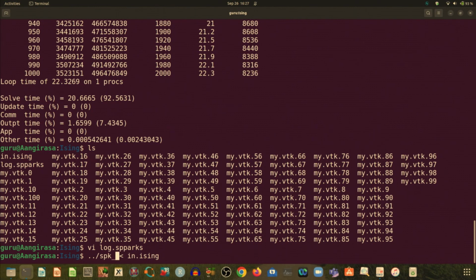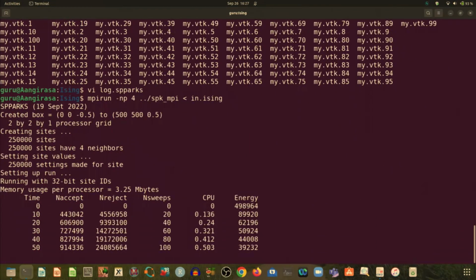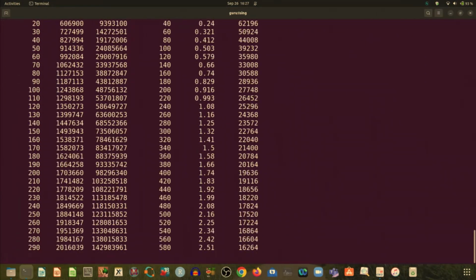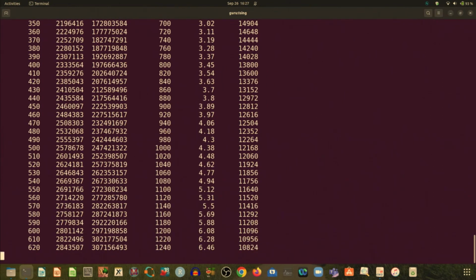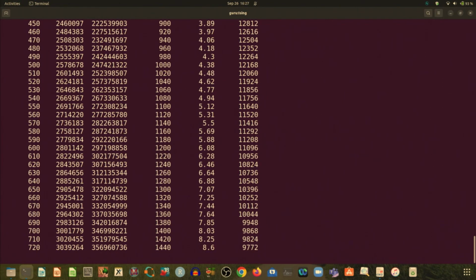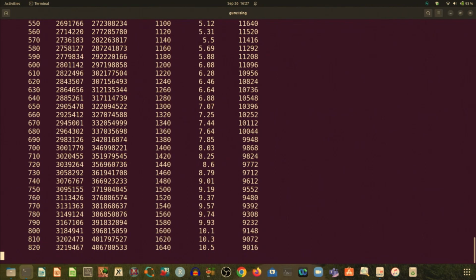You can also do this run in MPI. I will show you two examples. mpirun -np 4, this computer I think has 8 processors. So, I can run with 4, okay, slightly quicker than the other one, I think.